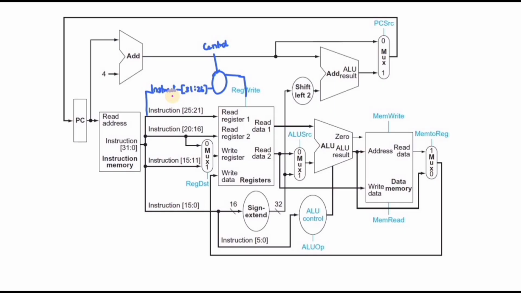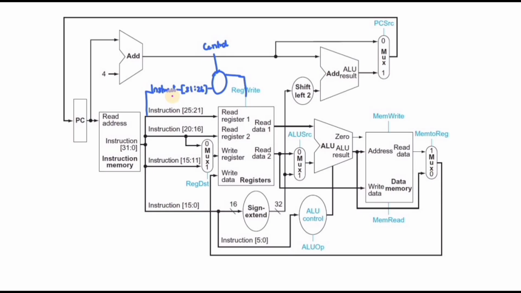Now let us discuss how to build a data path for the ALU. The first step is instruction fetch. Here is the data path for R-type instructions and memory instructions.